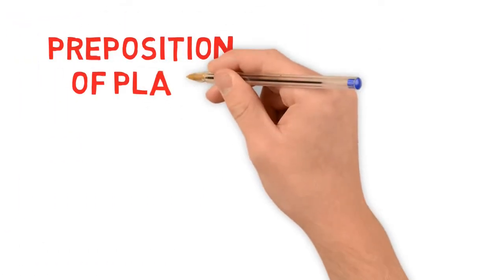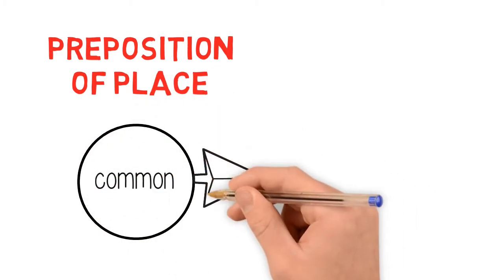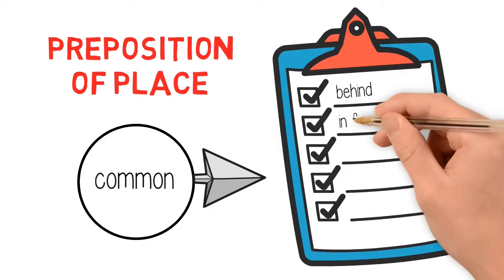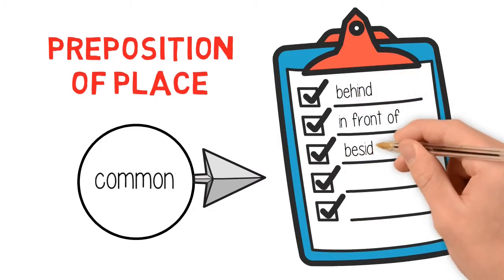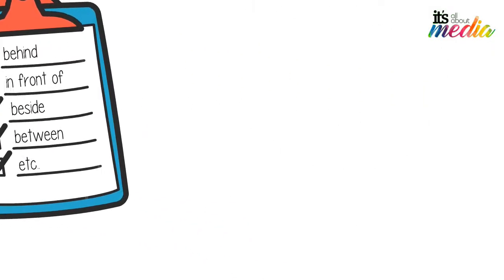There are various prepositions of place. The common prepositions are behind, in front of, next to or beside, between, near, above, under or below, in, and on. I'm quite sure you are familiar with them.